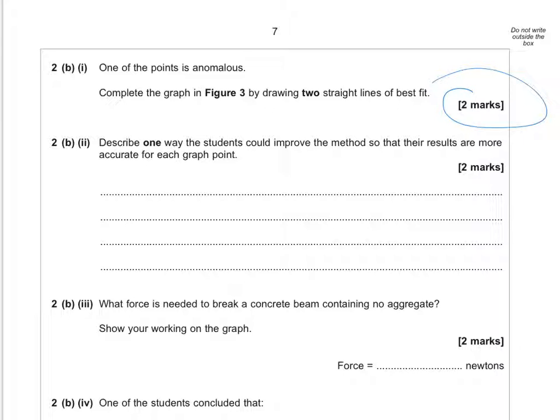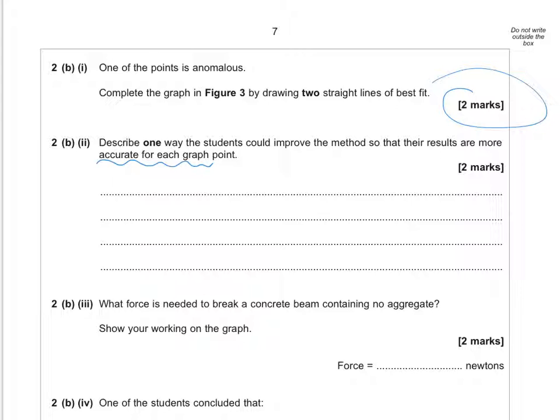Question 2b2. Describe one way the student could improve the method so that their results are more accurate for each graph point. Right, so what we're looking at here is the accuracy of the graph point. So how do we know that that point of the graph should be there?